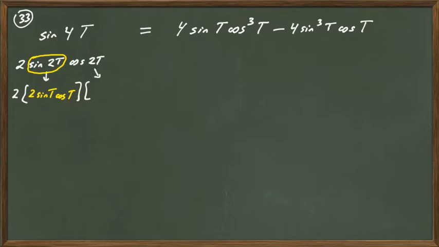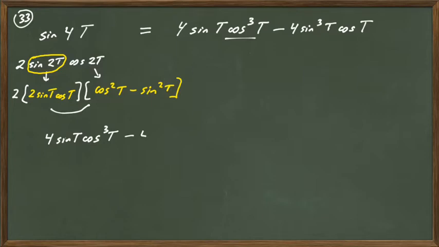Now what about cosine of 2t? What could that be written as? Notice I have a cosine cubed, so maybe, does any of them start with the cosine squared? Cosine squared, we do it in yellow. Cosine squared minus sine squared. And if I distribute, this is a 4, so this would give me 4 sine times cosine cubed minus 4, because I'm multiplying here also.